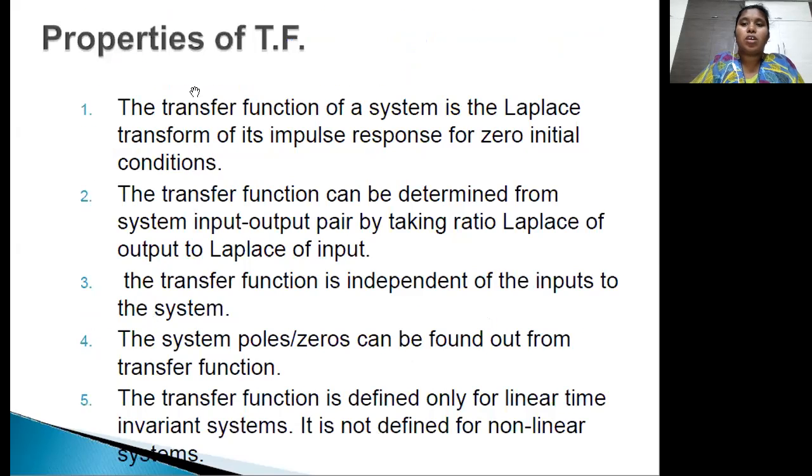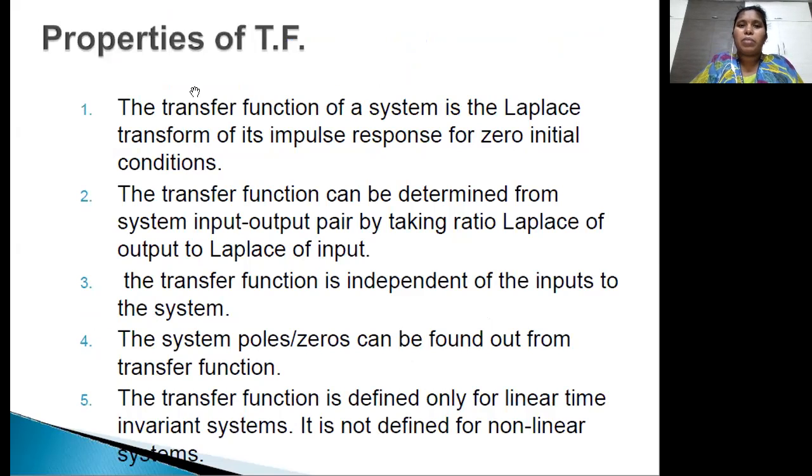And next, coming to the properties of a transfer function. Every function will have some properties, right? So what are the properties of a transfer function? A transfer function gives the relation between input and output, and it can show the poles and zeros of a particular system. And it is defined only for the linear time invariant system. In the last classes, I already explained what is meant by a linear time invariant system.